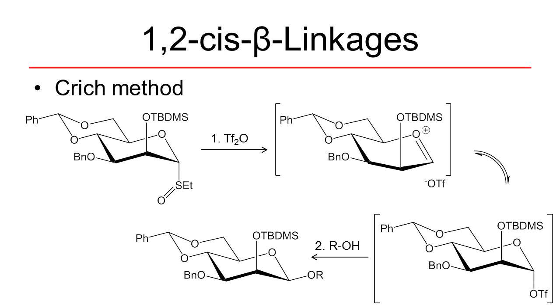Addition of the alcohol then results in an SN2 displacement of the triflate and formation of the desired beta mannoside. The triflate must be added first, or else the alcohol will compete with the triflate for the alpha position in the equilibrium step. The benzylidene bridging the oxygens on C4 and C6 is required for good stereo control.